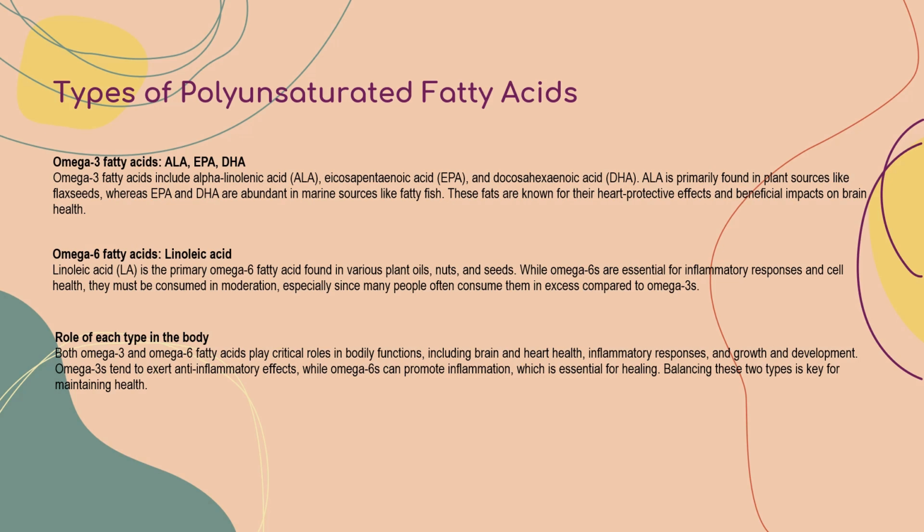ALA is primarily found in plant sources like flax seeds, whereas EPA and DHA are abundant in marine sources like fish and other seafoods. These fats are known for their cardiovascular protective effects and beneficial impacts on brain health.